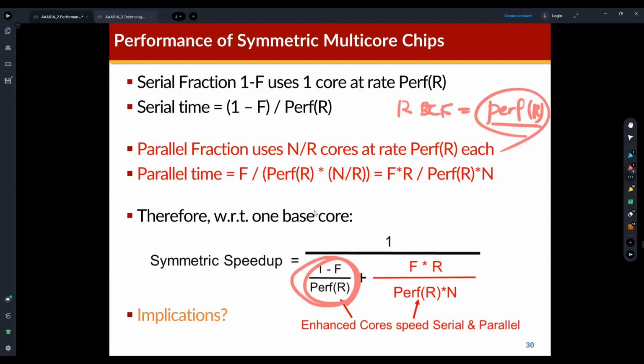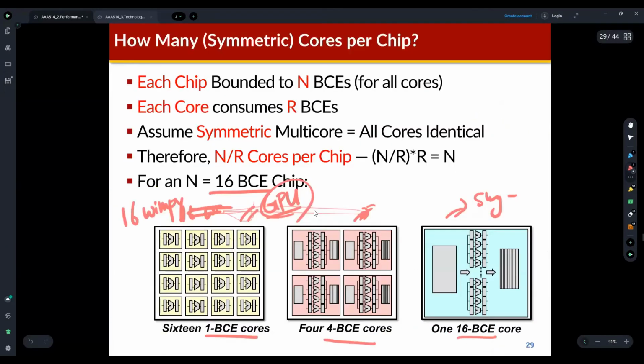If we apply the R BCE core, what is the number of cores? The number of cores is N divided by R. N is 16 BCE, so if we apply a 16 BCE core, the number of cores becomes 1.